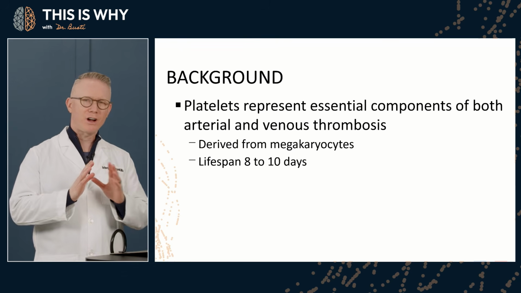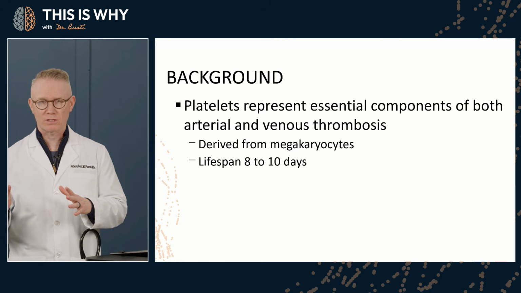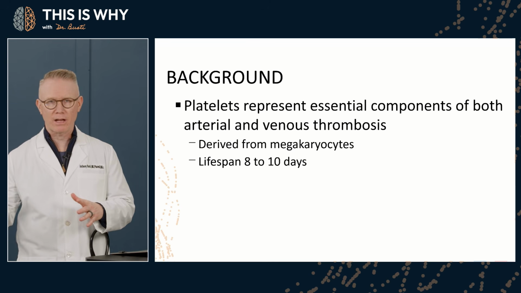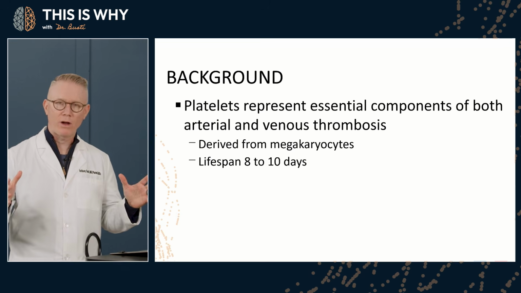So let's begin with one concept that makes everything else relevant: the platelet, their role and where they come from, okay? So platelets are essential to both arterial and venous thrombosis. We're going to see that here in just a minute. But the cellular structure they come from comes out of the bone marrow.